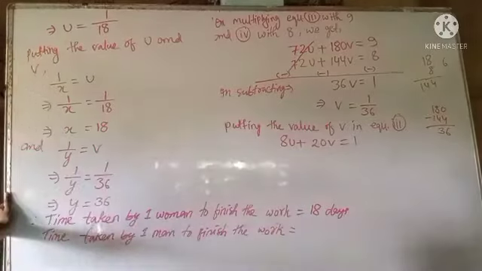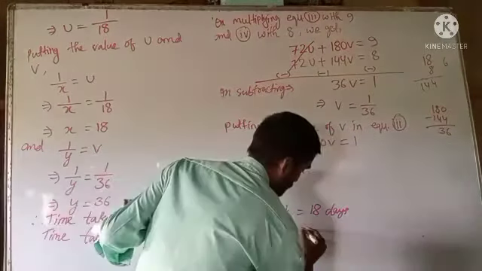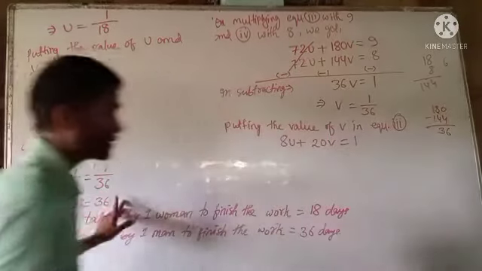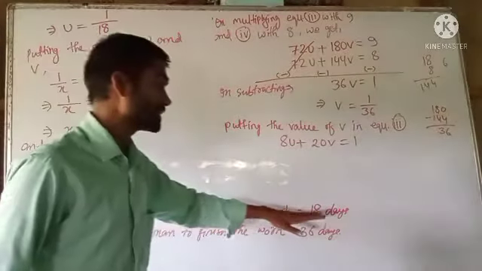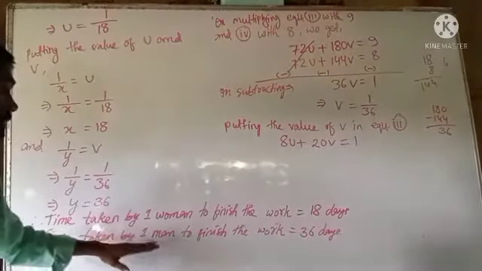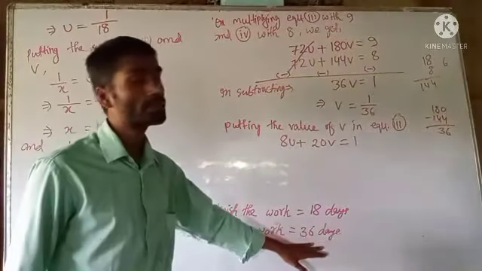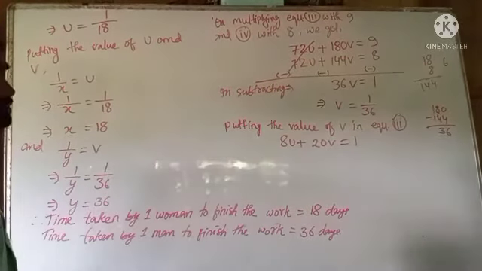For men we took it as y, and the value of y we got here it is 36 days. So that is the time taken by one woman to finish that same one embroidery work in 18 days, and the time taken by one man to finish the embroidery work, that is 36 days. That is the answer for option number 2.